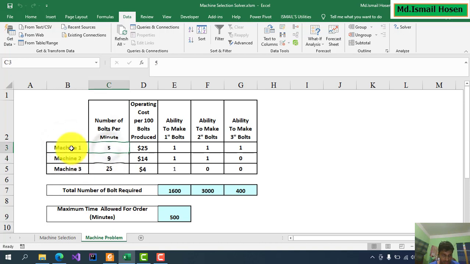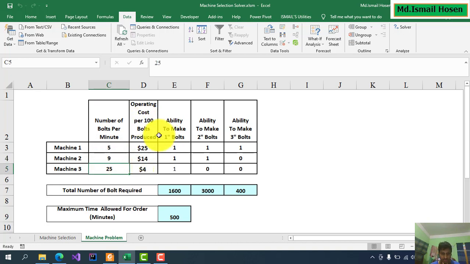We have three types of machine: 1, 2, and 3, and there is a speed, the number of bolts per minute they can produce. Machine 1 can produce 5 bolts per minute, machine 2 can produce 9, and machine 3 can produce 25.